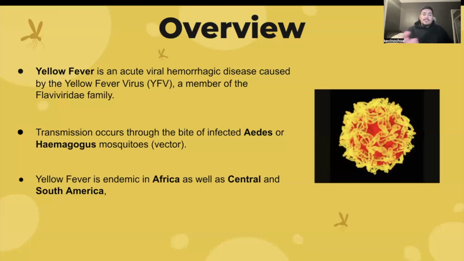Travelers to these regions are at significant risk. For those that are unvaccinated, outbreaks can occur, and when the virus spills over from rural areas to more densely populated areas, that's when they see huge influxes and spikes.